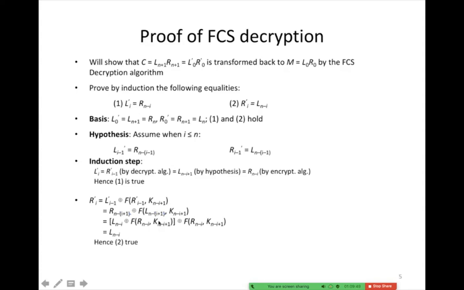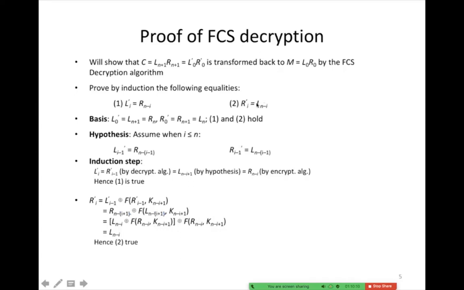So that's what we get. Now these F and that F are the same. We know exclusive OR is just subtraction. So if it's the same, then it becomes 0. So 0 exclusive OR this is this. Hence the second part is true.